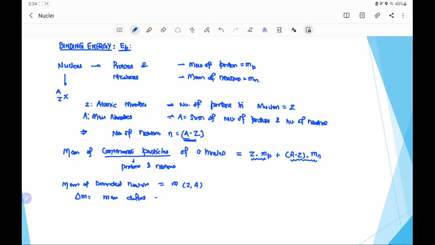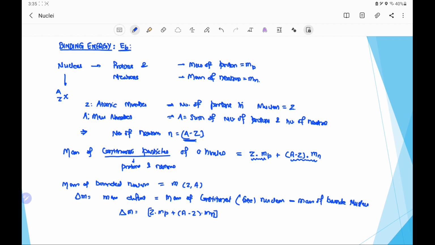And this mass defect is equal to the mass of constituent, that is free, if we consider them free, nucleons minus mass of bounded nucleus. So we can write delta m equal to mass of constituent particles is Z into mp plus A minus Z into mn.